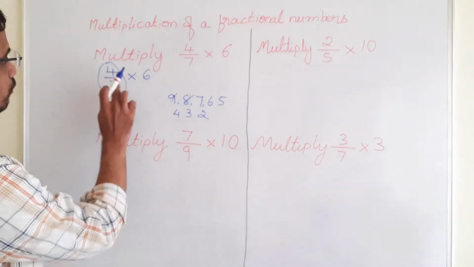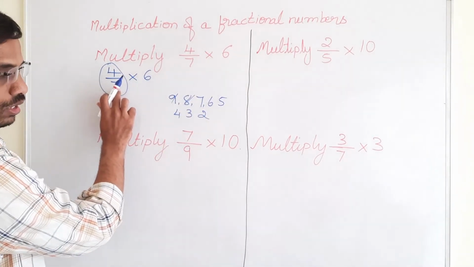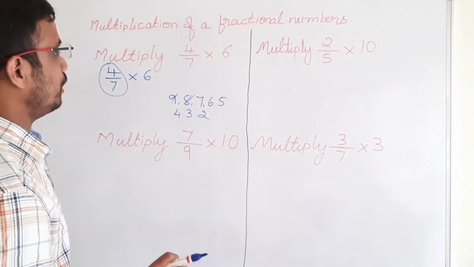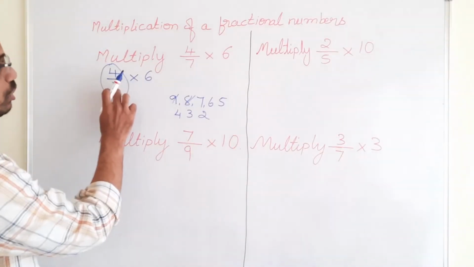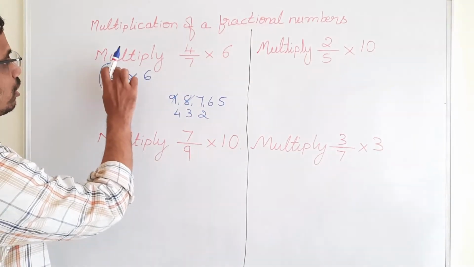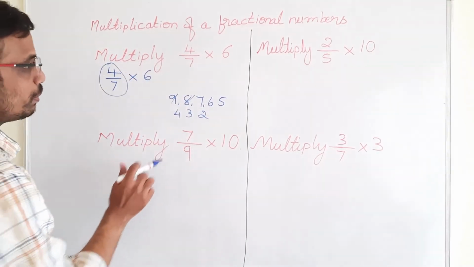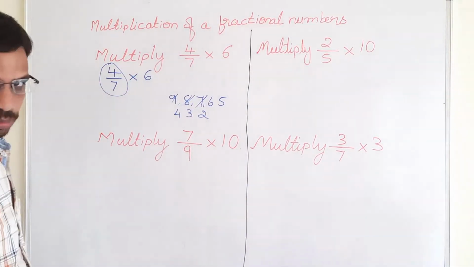Next is 7. 4 is not divisible by 7, but 7 is divisible. We want a number that divides the numerator as well as the denominator. This 7 divides the denominator, but it does not divide 4. Because of that, it is not a common factor of numerator and denominator.